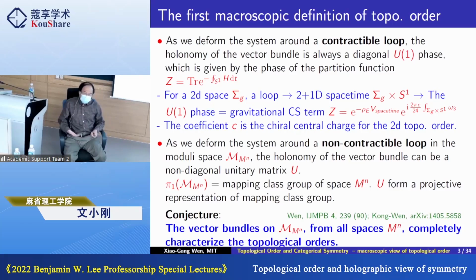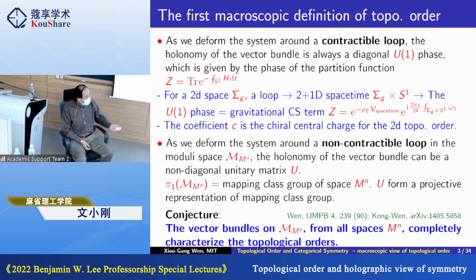And so for a while, people were more optimistic. Maybe even for torus, that's enough to cover everything. But a few years ago, people found an example. The mapping class group representation on the torus is not enough. There are different topological orders that have the same mapping class group representation.